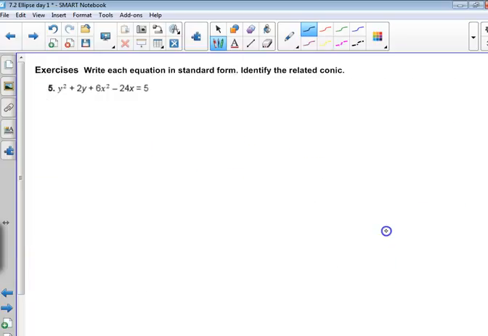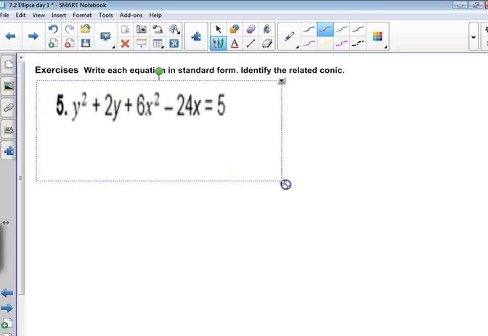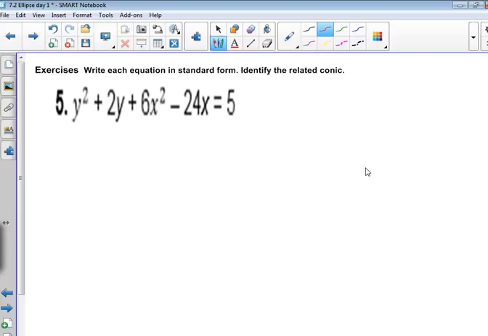We're going to try it here. Ready? Number 5. These are kind of small. Let me make this bigger. Okay. What do we want to do first? It doesn't really matter. You could change the order or leave the order. If we leave the order, I'm just going to throw in some blanks.